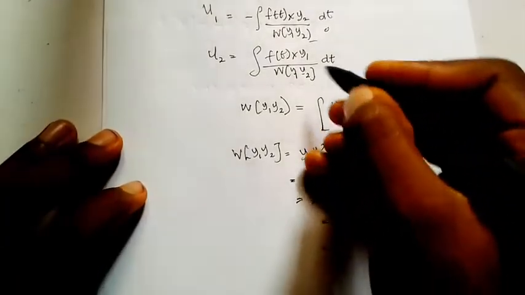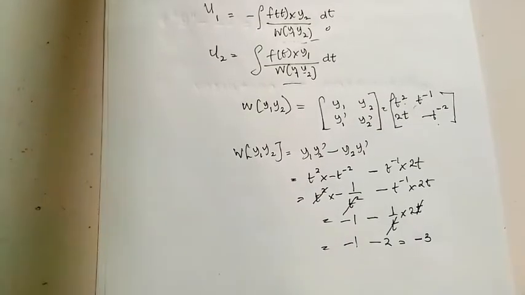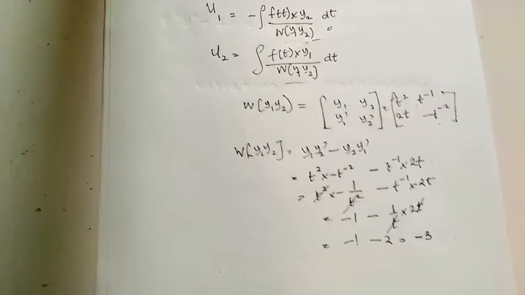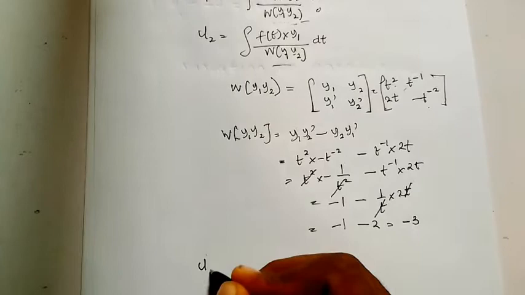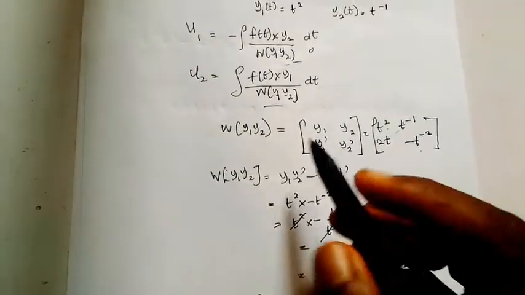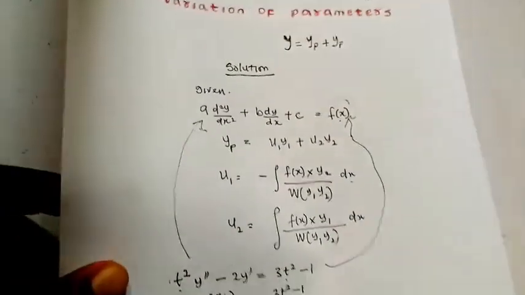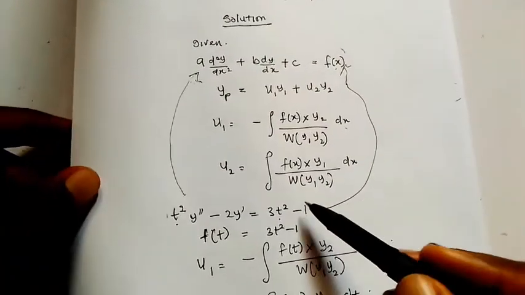So we have calculated the Wronskian of the two solutions, so we can easily get my u1. So my u1 is negative integral of f(t). Remember we said, my f(t) is equal to what?